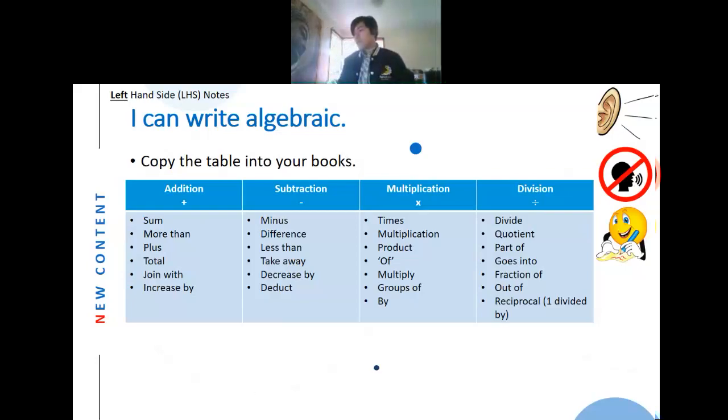Times, multiplication, product, of, the word of, multiply, groups of, by, they all mean multiplication. And then for division, we have divide, quotient, part of, goes into, fraction of, out of, and there is another word here, reciprocal. Okay, it means 1 divided by. Okay, so these are the list of vocab.